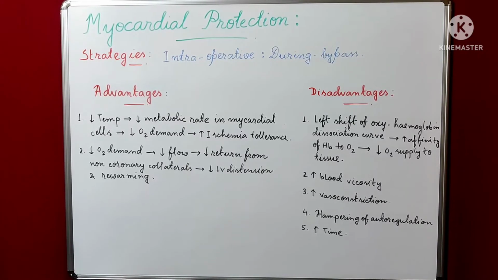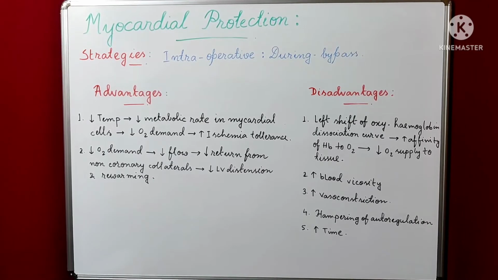The next is it reduces the oxygen demand, and again this reduced demand will allow us to reduce the CPB flow, that is the pump flow. And with reduced pump flow, what will happen? The return from non-coronary collaterals will be reduced.